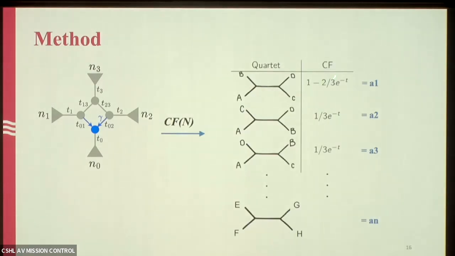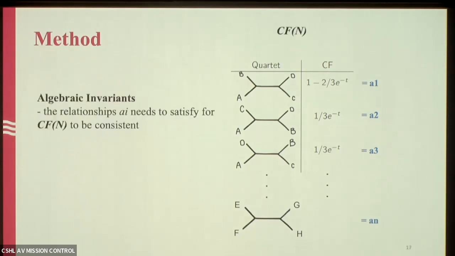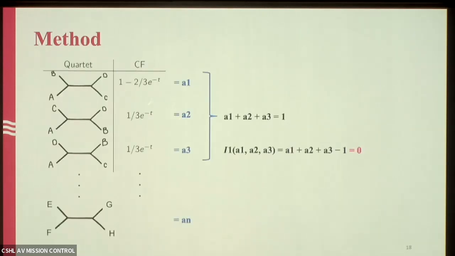We assign a variable a_i to each concordance factor polynomial. The algebraic invariants are the relationships that the a_i need to satisfy for the concordance factor polynomials to be consistent. It might be confusing, so let me give an example. For the three concordance factor polynomials here, we can see that they all sum to 1.